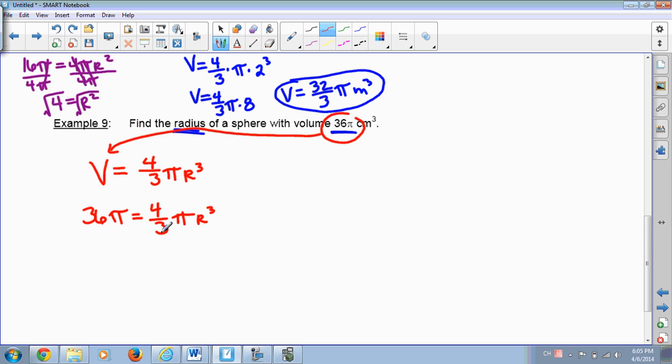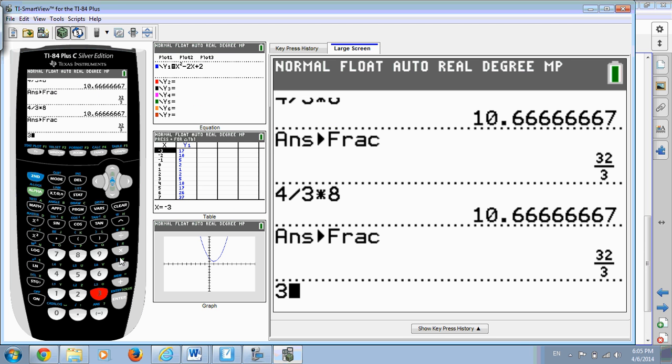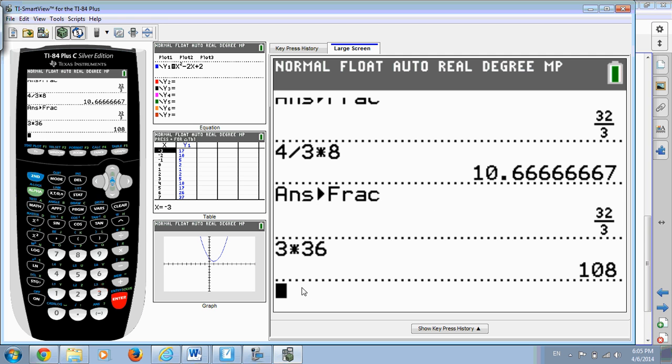So it's 4 divided by 3 pi. So I'm going to multiply both sides by 3 to get rid of the divide by 3. So we're going to see what 3 times 36 is in our calculator. 3 times 36 is 108.